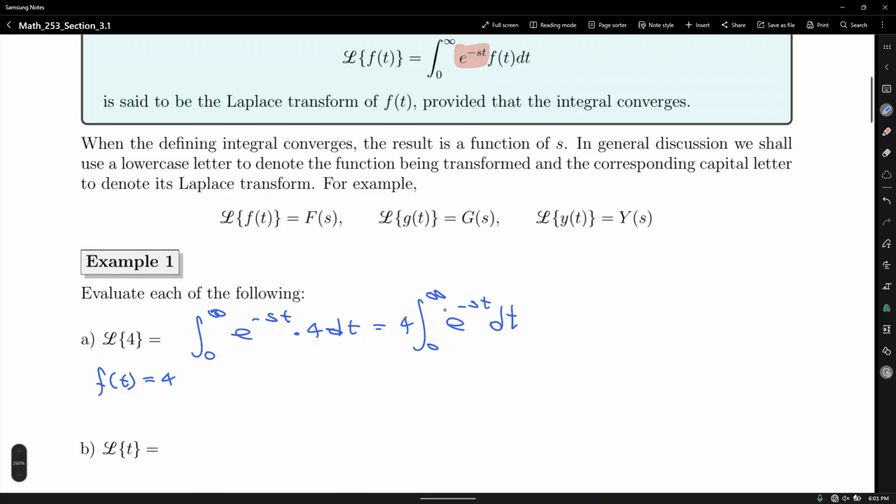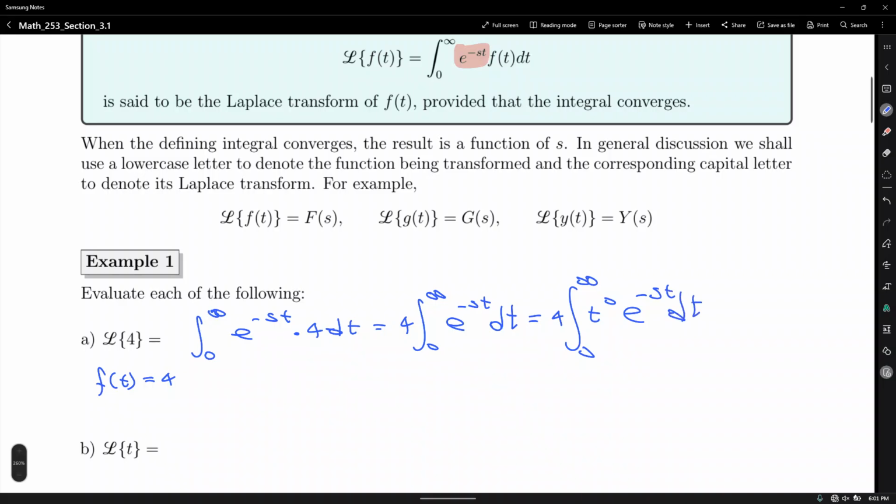But wait, this doesn't look like an integral that can be evaluated using the gamma function. Well, check this out. Do you guys agree that this is the same as saying 4 times the integral from 0 to infinity of t to the 0 power times e to the negative st dt?